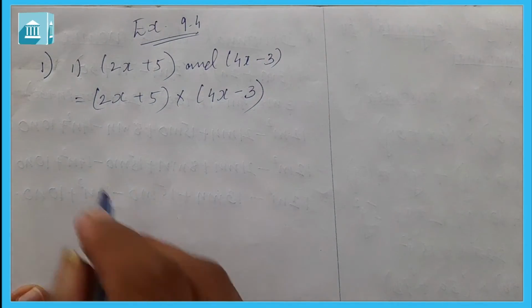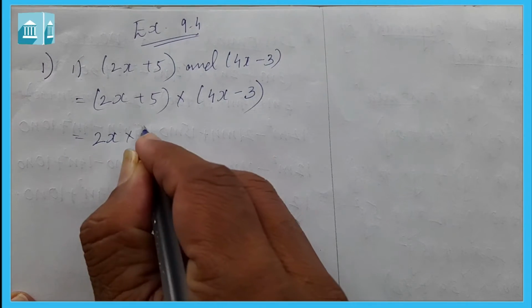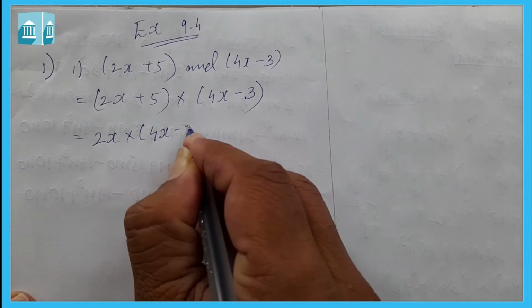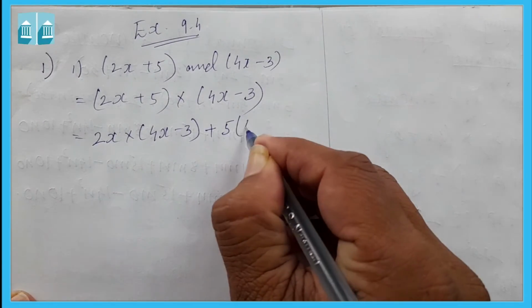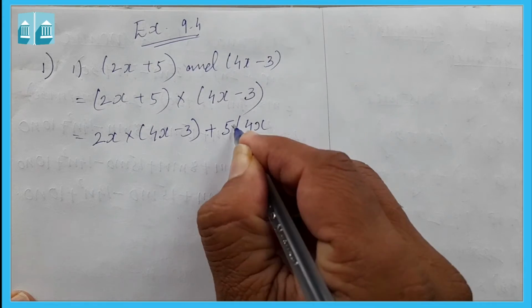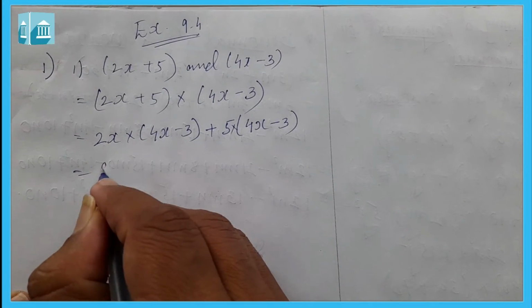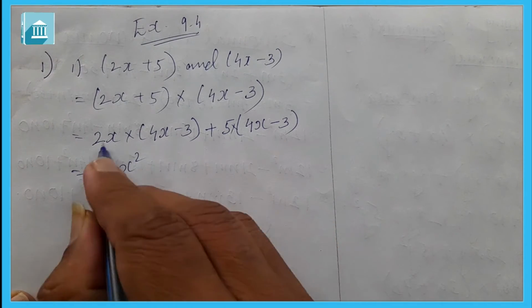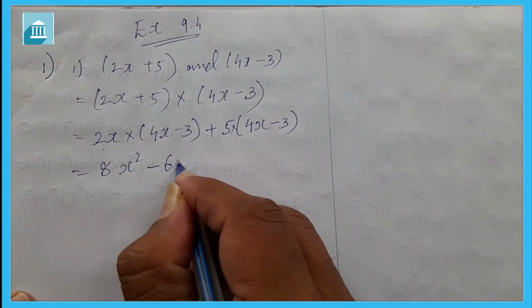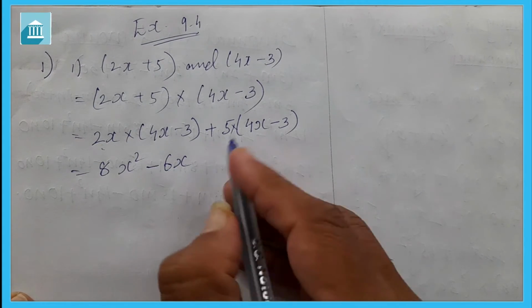Now as we did in the example, we can multiply this as 2x into 4x minus 3 plus 5 into 4x minus 3. Now 2 into 4 is 8, x into x is x square, so 8x square, minus 6x, since 2 into 3 is 6 and the x stays.